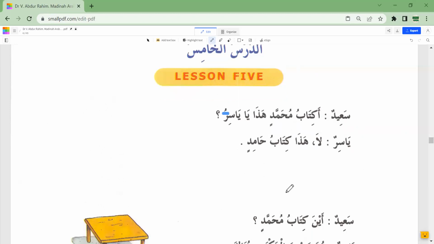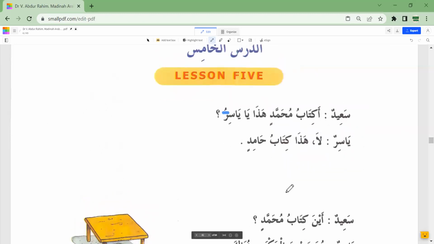And I am a little bit confused with using أكتاب محمد هذا. Why do we use هذا? Because we are emphasizing the material. Yes, because we are emphasizing kitabu Muhammadin. Hada is this, right? So a kitabu Muhammadin is Muhammad's book, this, right?